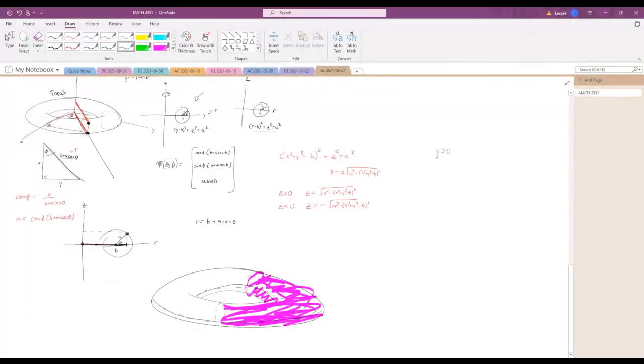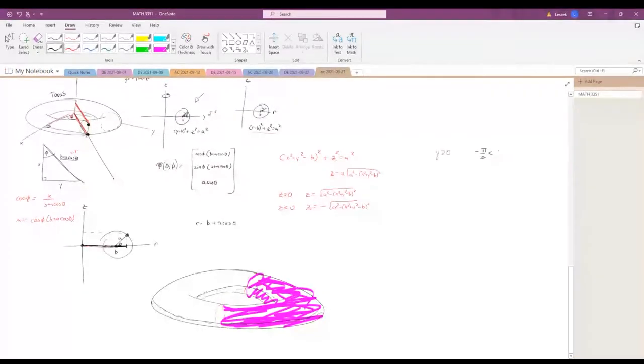Okay, so here that would mean that theta is, let's say, between negative pi over 2 and pi over 2, and that's important, I guess, if I look at the parametrization. Do you see that?